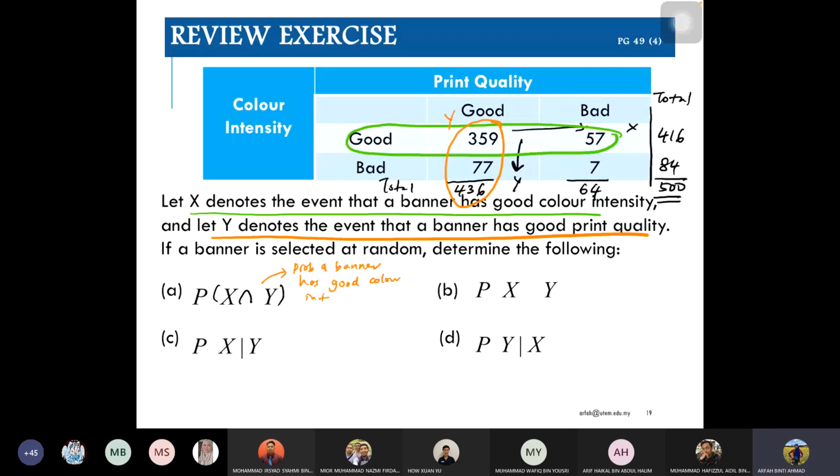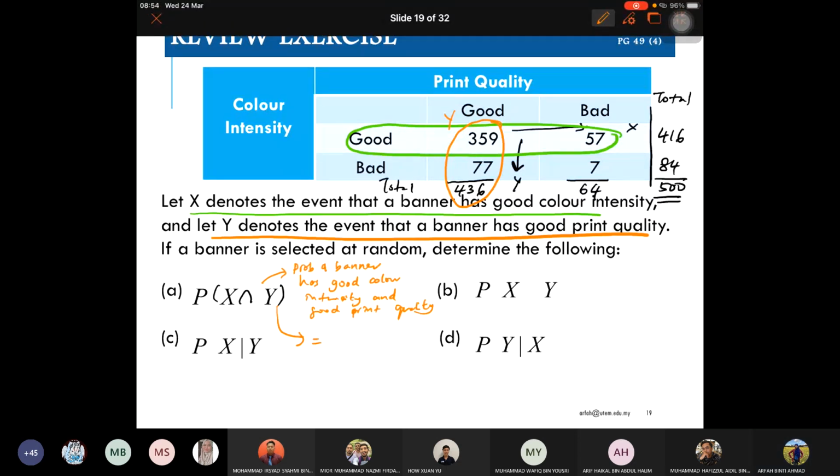So tengok dari table. Berapa nilai dia for this one? A banner has good color intensity and good print quality. X dan Y. Berapa nilai?